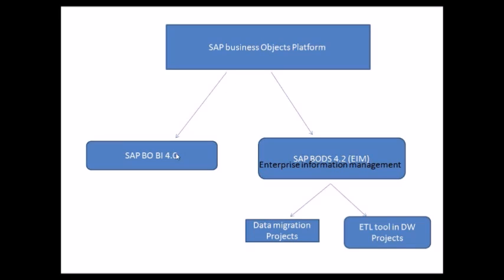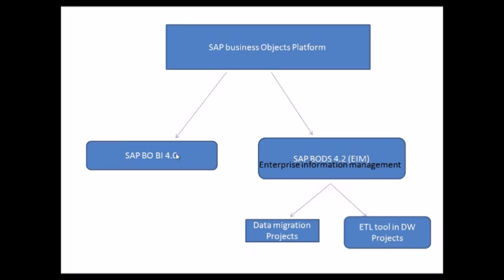SAP BO is only for generating your reports, but BODS is purely an ETL tool wherein you are extracting the data from different source systems, transforming the data, that means you can cleanse the data, massage the data, do the transformations on your data, and load it into your target systems.